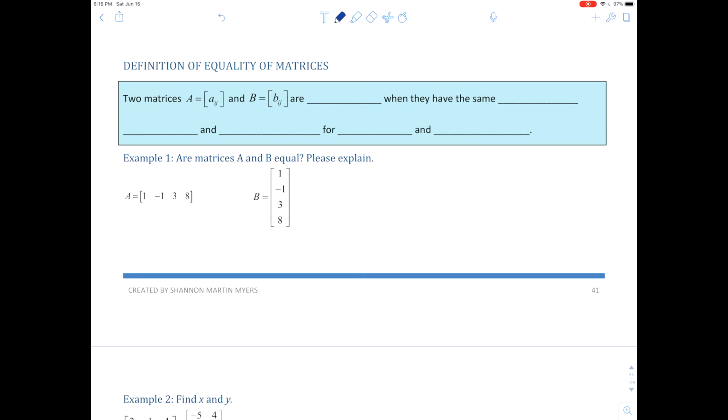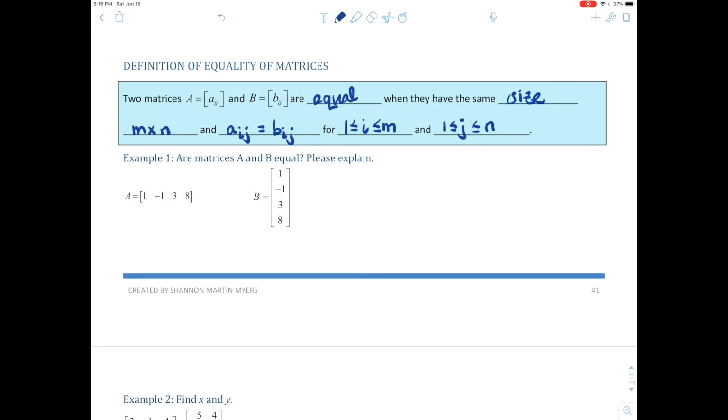So, two matrices, A equal to Aij and B equal to Bij, are equal when they have the same size, which we'll call m by n to be general, and each entry Aij is equal to Bij for 1 less than or equal to i less than or equal to m, because there are m rows, and 1 less than or equal to j less than or equal to n, because there are n columns.